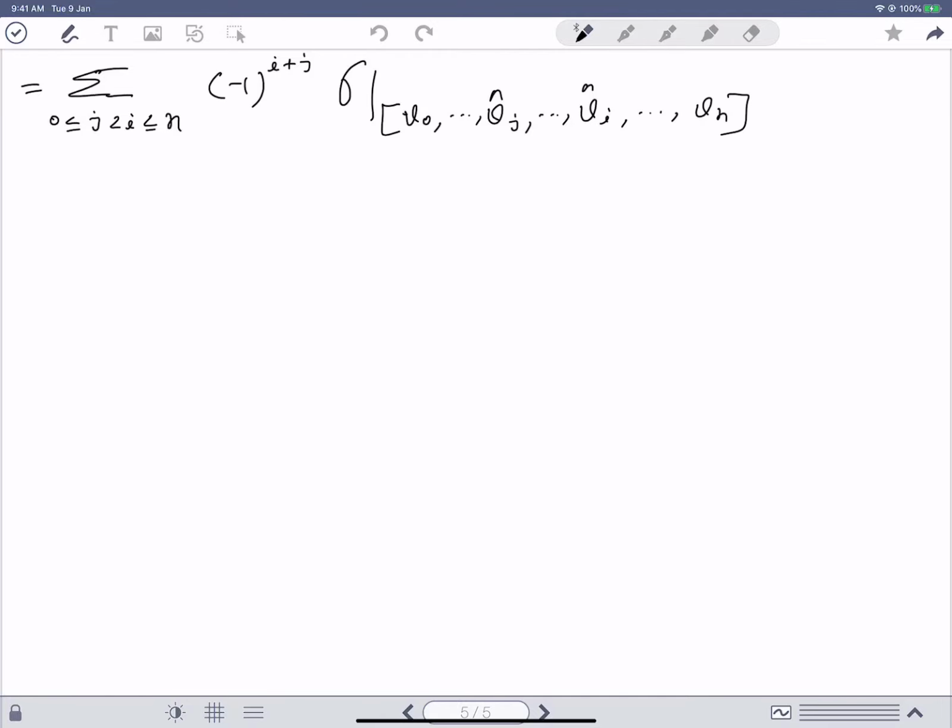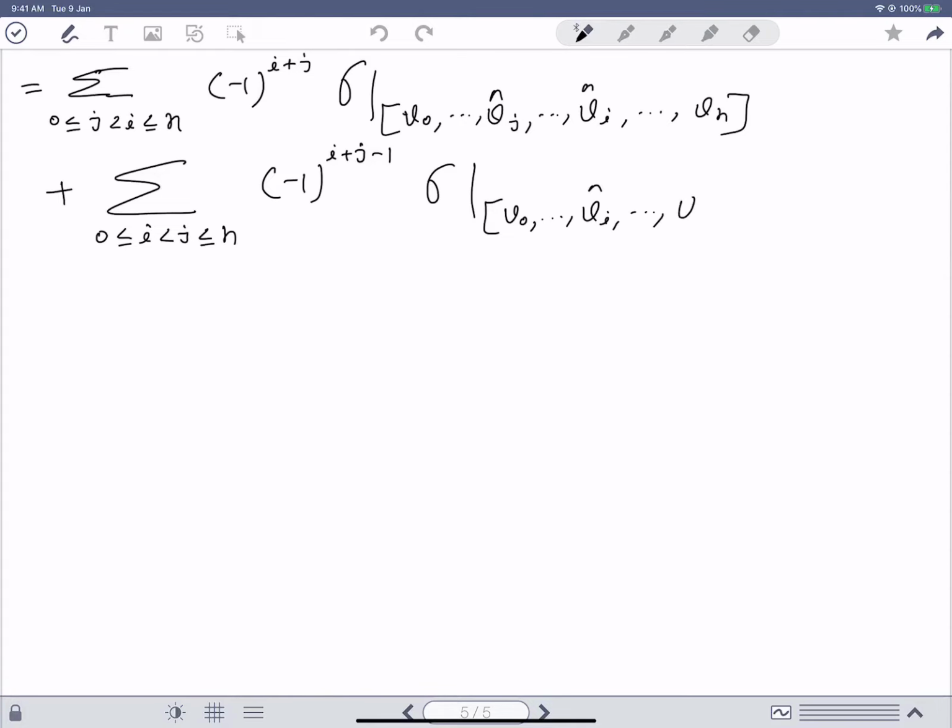And plus again summation, 0 less than or equal to i strictly less than j less than or equal to n, and it will be minus 1 to the power i plus j minus 1. Therefore i plus j minus 1, and we write sigma, the restriction over the vertices v0 ... vi cap ... vj cap ... vn.